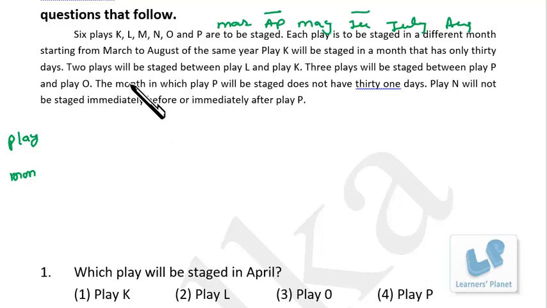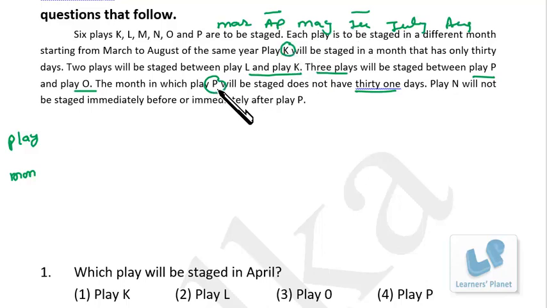So 2 plays will be there between L and K. And 3 plays will be staged between play P and O. So in fact P and K, they are staged in April and June.